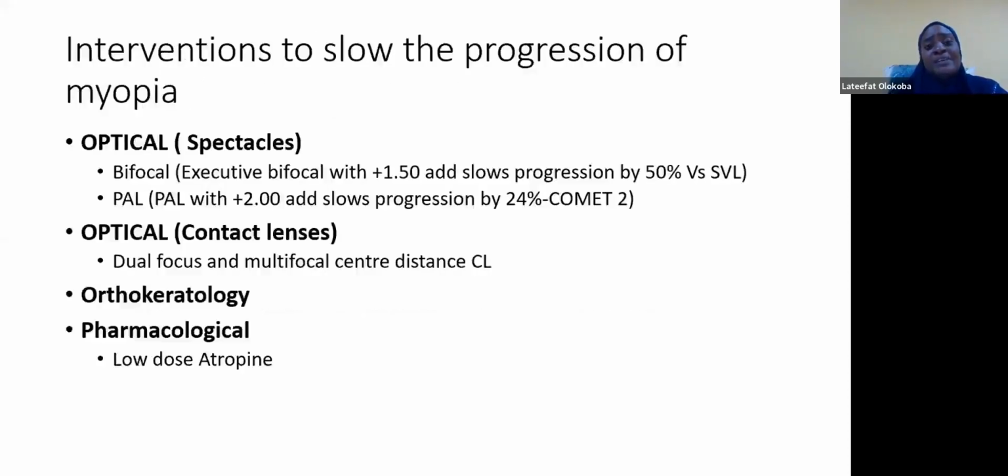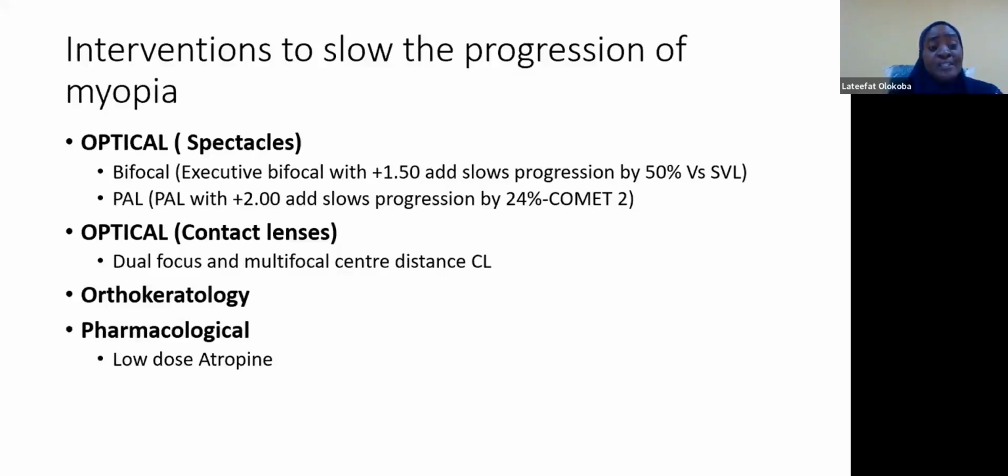There are several interventions that have been developed or tried in an attempt to slow down the progression of myopia into high myopia. And these are divided into 4 interventions.